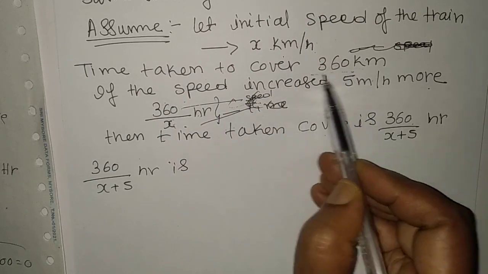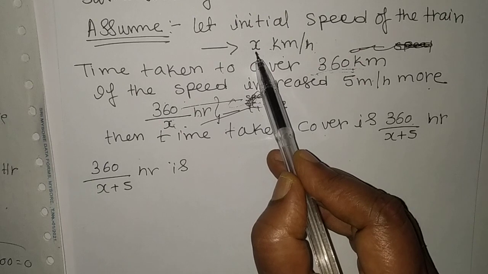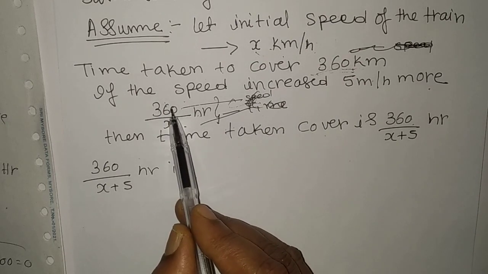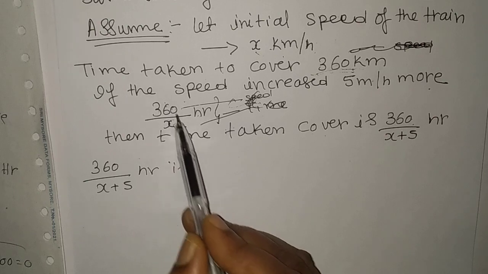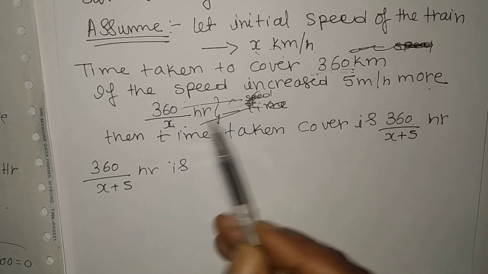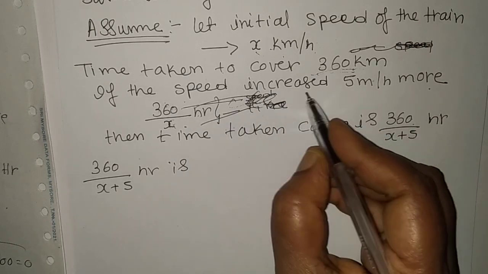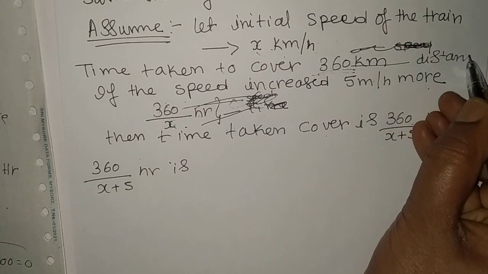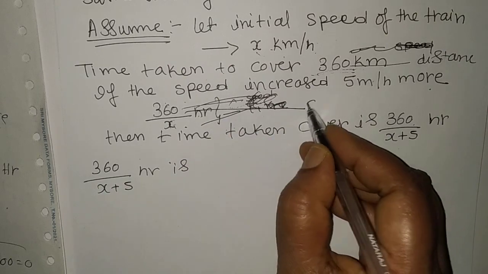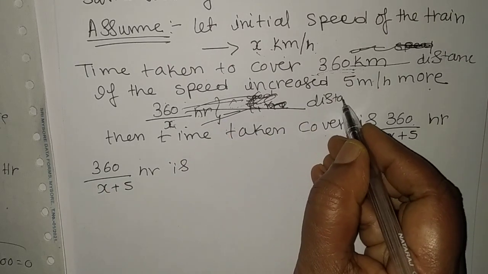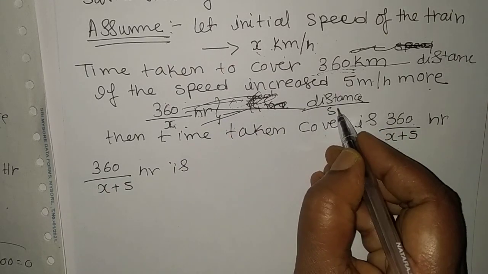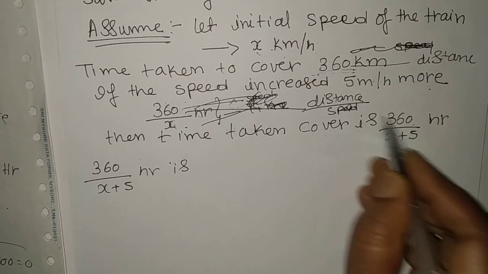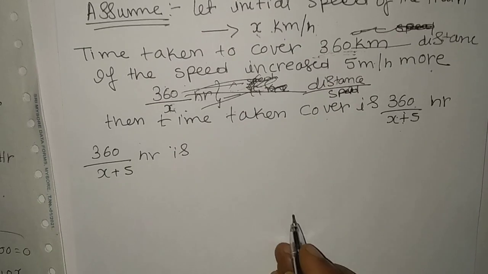This is the distance. We have taken only the assumption x as the speed. Then we have to write it like this: 360, that is the distance, by speed. When the speed increases, we just add 5.